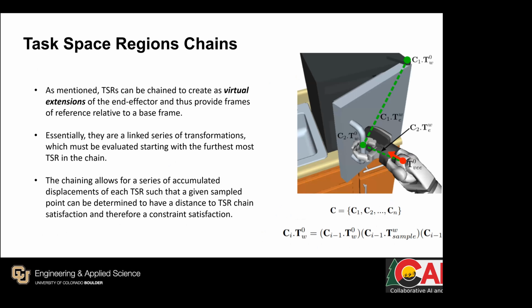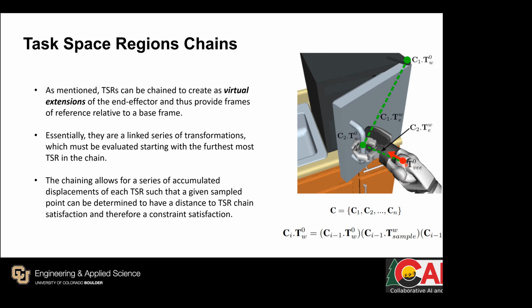As I mentioned earlier, task-based region chains can be linked together to create what is like a virtual manipulator. As you can see here, we have this robotic arm that creates a virtual joint by grabbing this handle, which is now inexorably tied to this door handle.